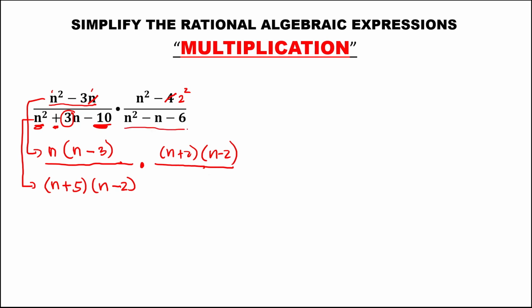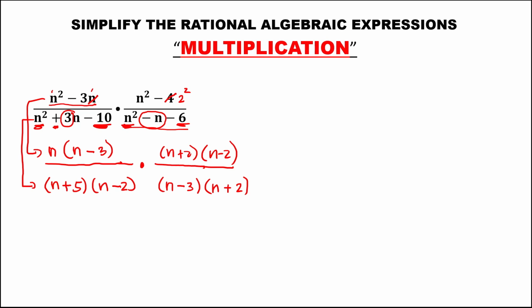Then for this expression, using quadratic factoring, for n squared, this is n times n. And for negative 6, that's 3 times 2. Since it is negative n, the bigger number must be negative and this one positive, because negative 3n and positive 2n is negative n.